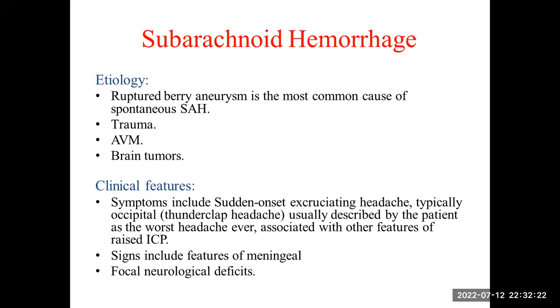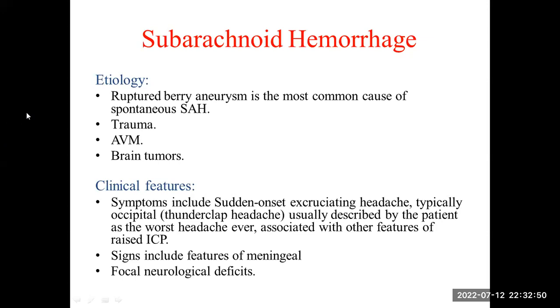So subarachnoid hemorrhage can add ischemic injury to the brain due to cerebral vasospasm. And this cerebral vasospasm with subsequent brain ischemia can also precipitate focal neurologic deficit. If there is spasm along the middle cerebral artery territory, you will get focal neurologic deficit related to the area supplied by the middle cerebral artery. And these are focal neurologic deficits which can be seen as a complication of subarachnoid hemorrhage.